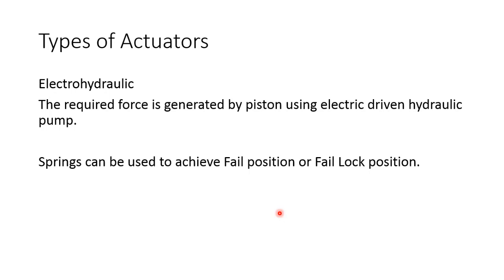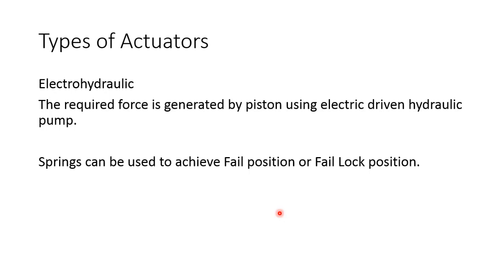Next, the electrohydraulic actuator. Here the required force is generated by a piston using an electric driven hydraulic pump and spring. The spring can be used to achieve fail-safe or fail-lock position depending upon the configuration or the customer requirement. Here extremely high force is required, which cannot be provided by other actuators.